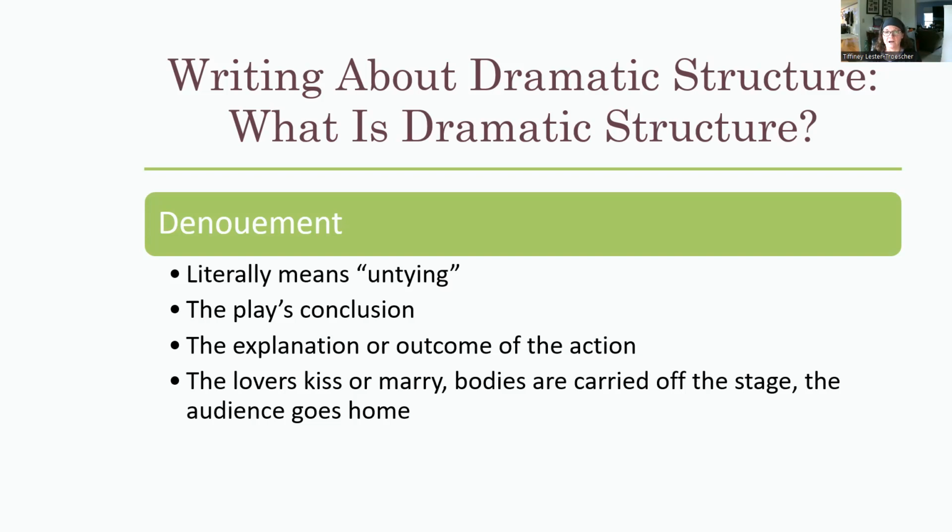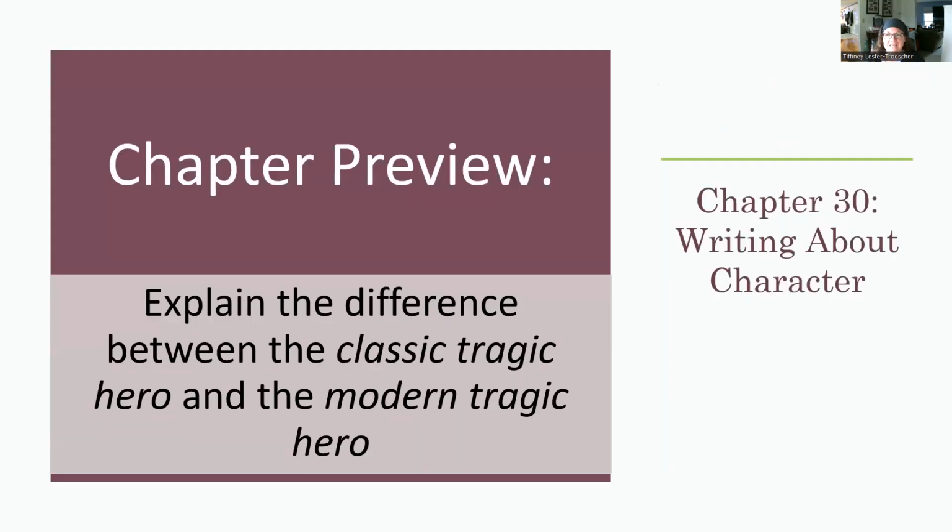It is what lets us know, immediately following that climax, how the characters are going to move on from that. We don't get all the details, but it at least gives us a feeling, a sense of where they're headed. That makes sense? Hope so. All right. So that's dramatic structure.